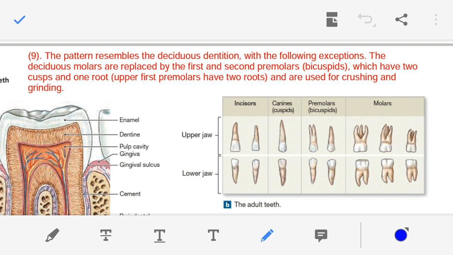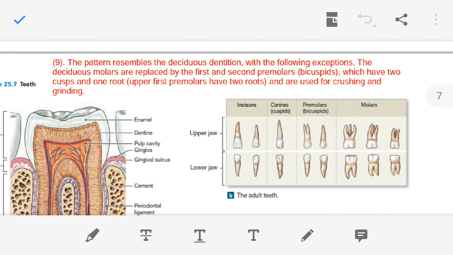The deciduous molars are replaced by the first and second premolars, and these premolars are the bicuspid ones. So once again, in short, the child's molars are replaced by adult premolars.